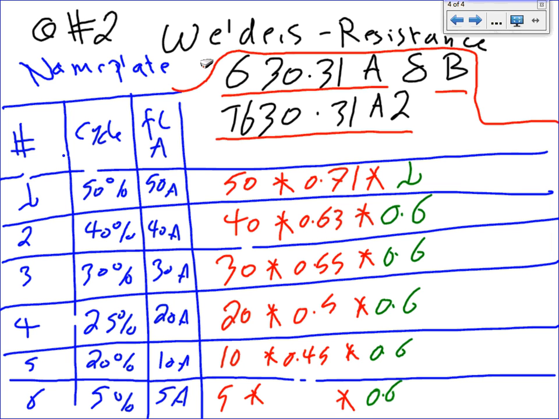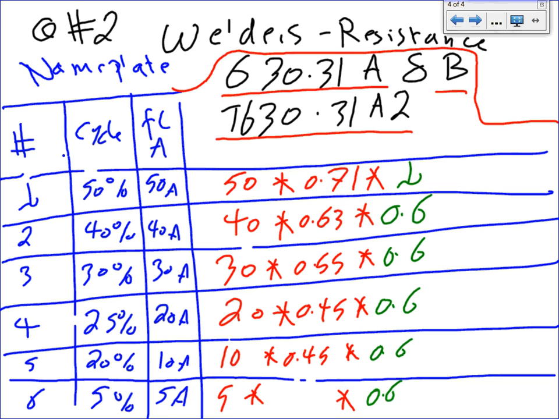Is it 20 amp? Oh, this is 25%? Okay, 0.25. Okay, how about that one? No, that was right: 20 amp, 25%, 20 times 0.50. Hold a second, guys. Hold your horses. Or 0.45, yeah. Times 0.45, right?